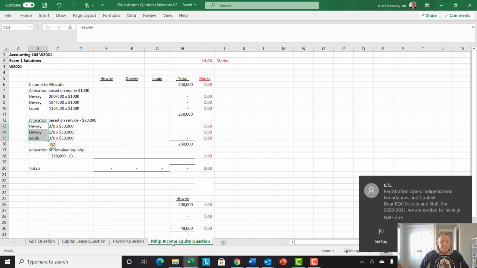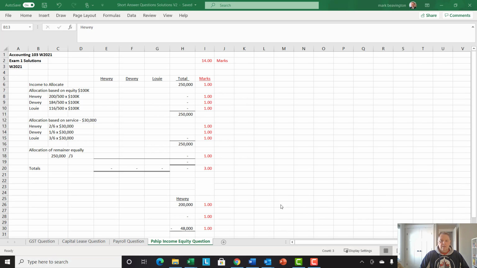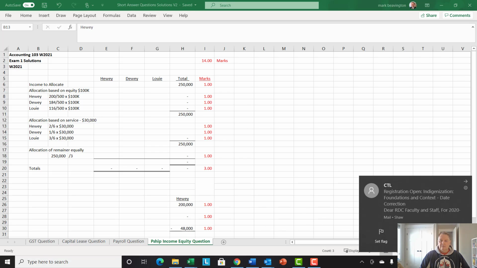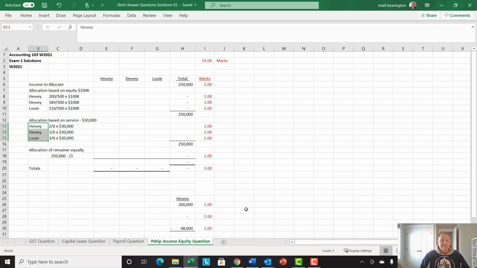And then the partnership income question. So in this case, okay. All right. We've got Huey, Dewey, and Louie. Each have some capital involved in this partnership, and we know that we're firstly going to take the first 100,000 and allocate it in the ratio of their opening capital balances.